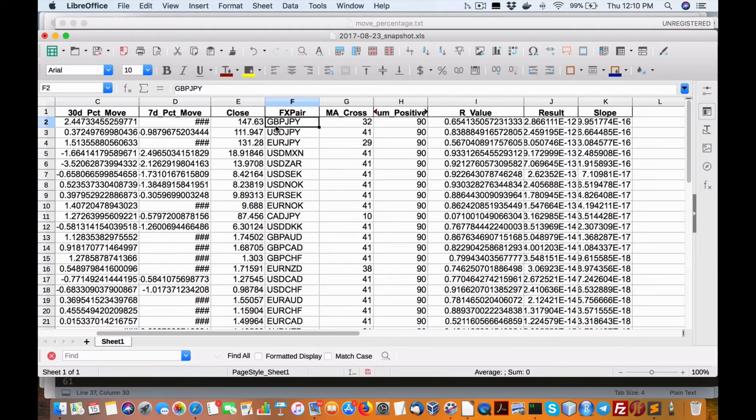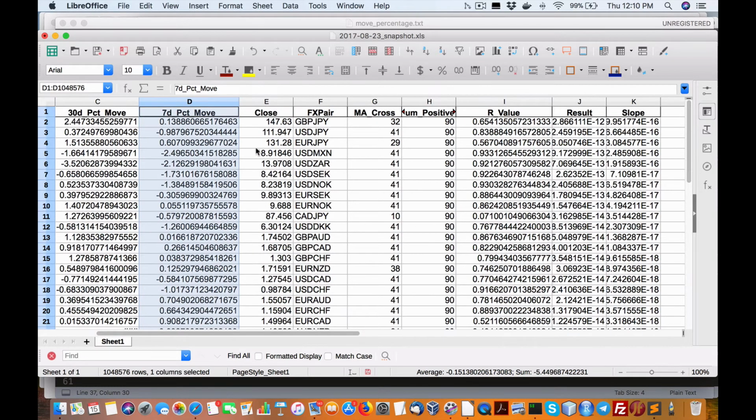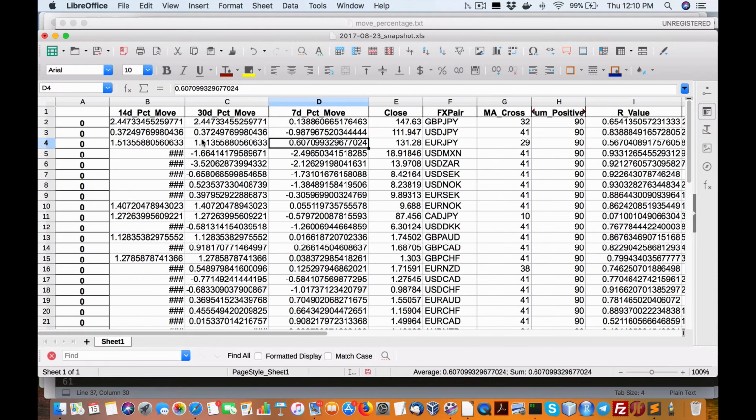So we have GBP Japanese yen, USD Japanese yen, Euro Japanese yen in that order. Now, once again, if we hung on to these trades, we would have done all right. The only one that went negative was the USD Japanese yen for a 7-day move. So out of 9 combinations, we did okay.